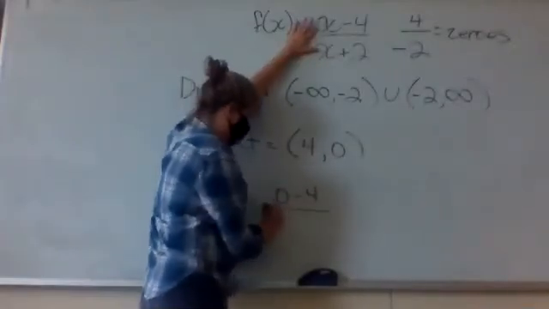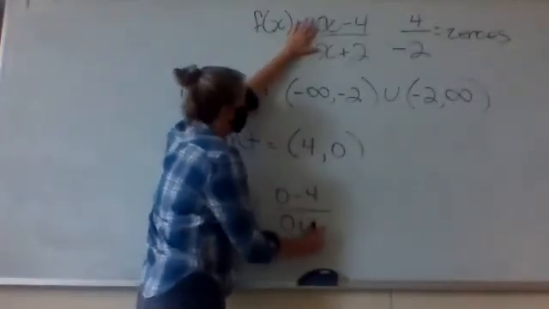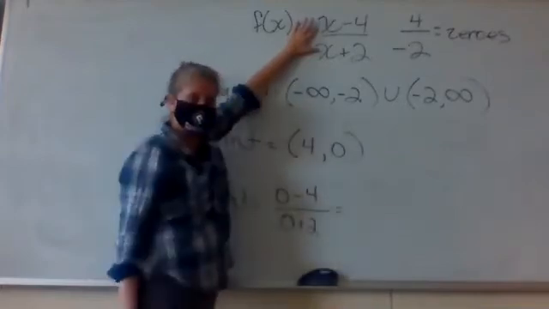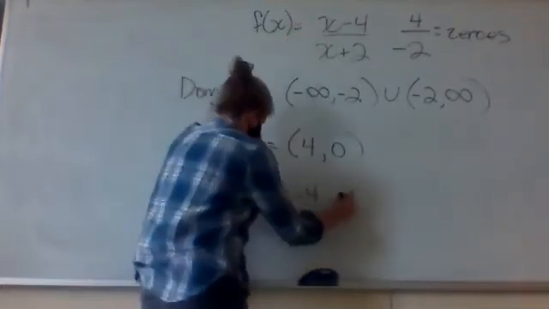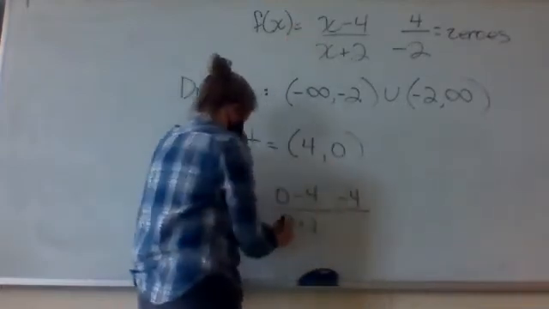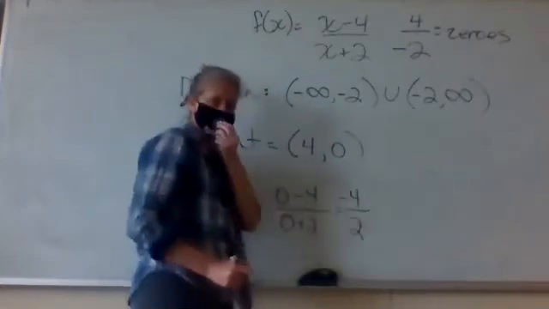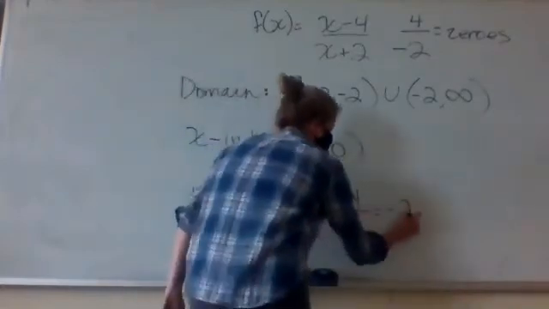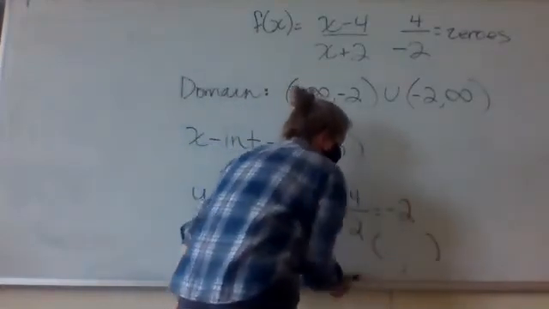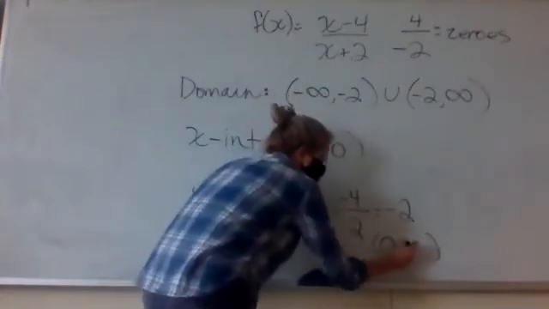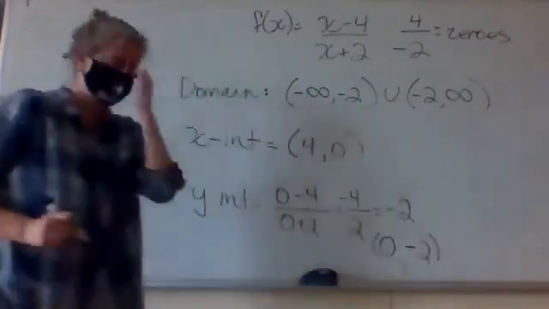So if I do that, I'll have 0 minus 4 over 0 plus 2. 0 minus 4 is negative 4. 0 plus 2 is 2. If I reduce that, I get negative 2. So your y-intercept is at (0, -2).